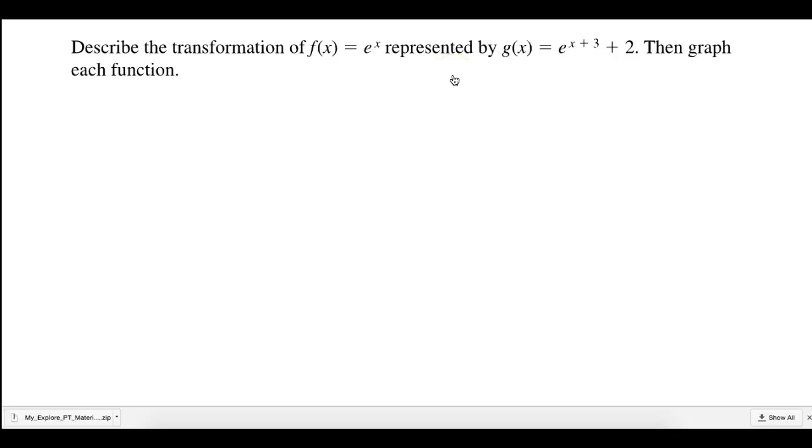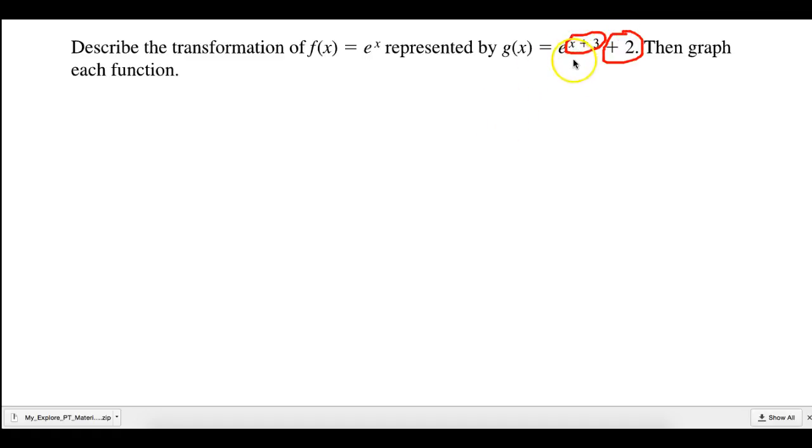When you have multiple transformations, you have to make sure that you go slowly through and identify each one individually. In this case, we're doing two things. We are adding 3 to the input and adding 2 to the entire function.